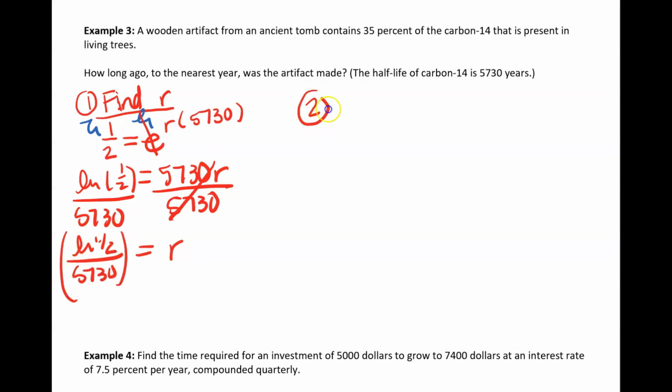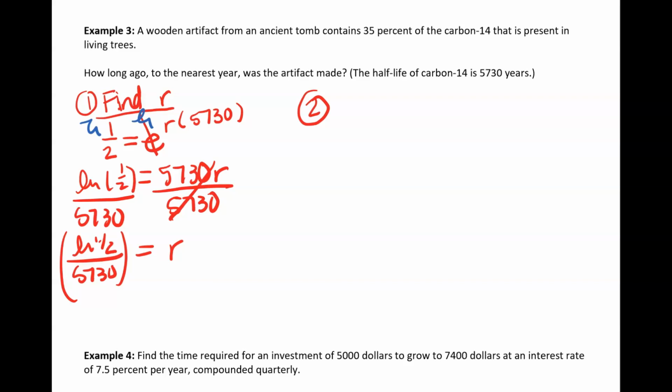So step 2, let's plug it all in. This one is going to be a little bit different for us, because in the previous one we had an initial value. With this one, it just says a wooden artifact contains 35%, so it doesn't tell you the original or initial amount. Let's think about what's happening here.